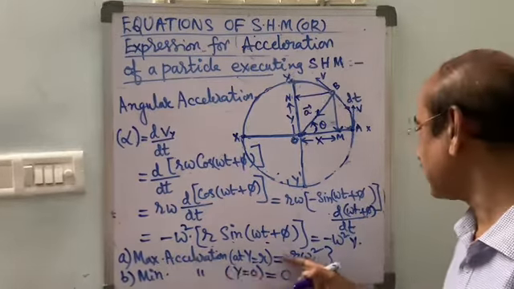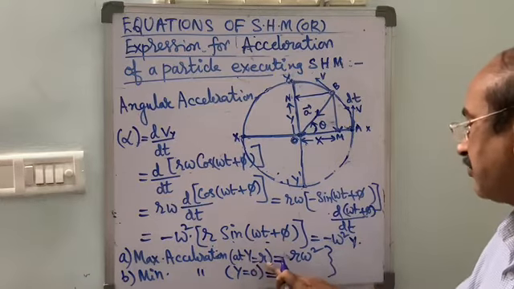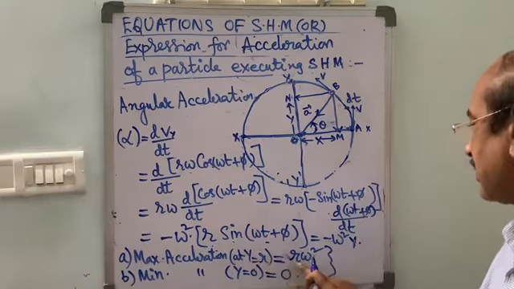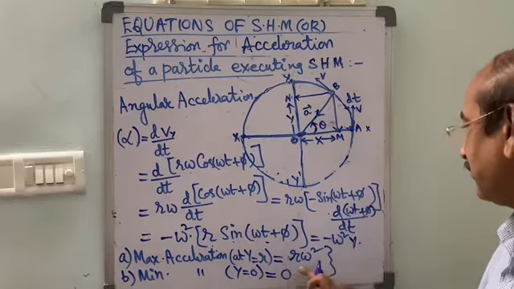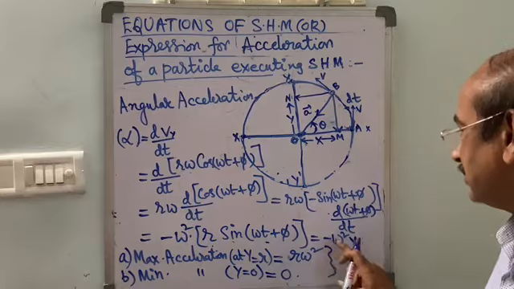Therefore maximum acceleration is obtained when the y displacement is equal to its radius, that is r omega square, and the minimum acceleration is obtained at displacement y equal to 0. Therefore, if y equal to 0, then acceleration is also equal to 0.